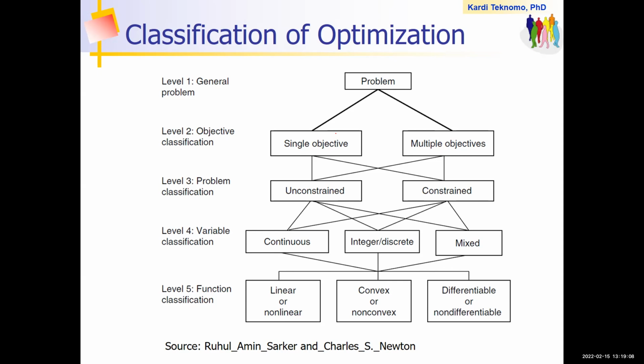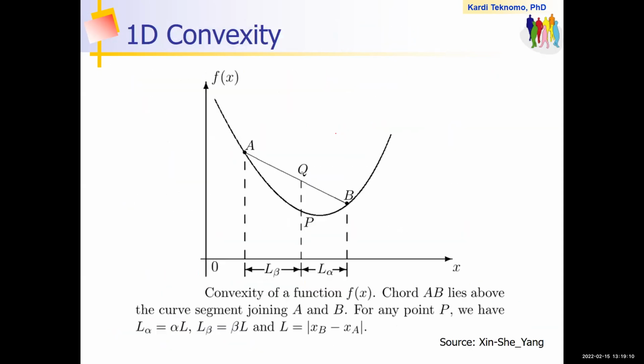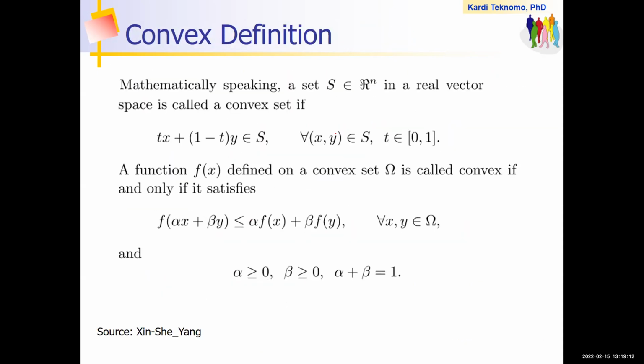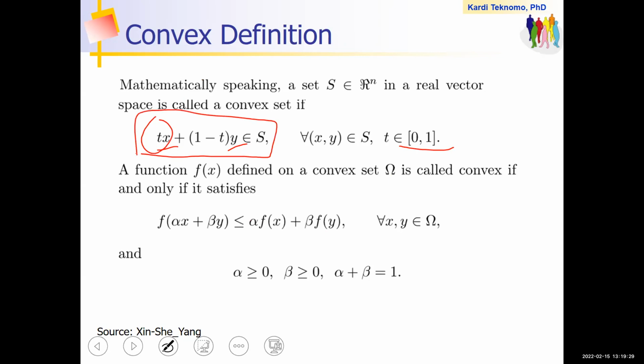What do you mean by convex? Convex is something like this. If you have x and y, and you have a parameter t between 0 and 1, a space is called convex if it satisfies this function. What is this function about?